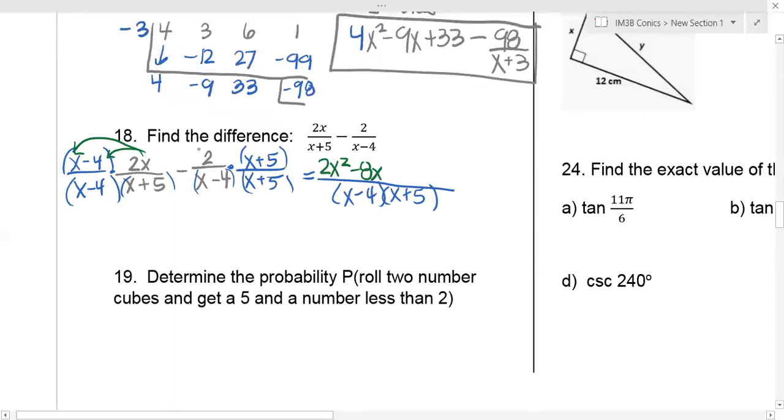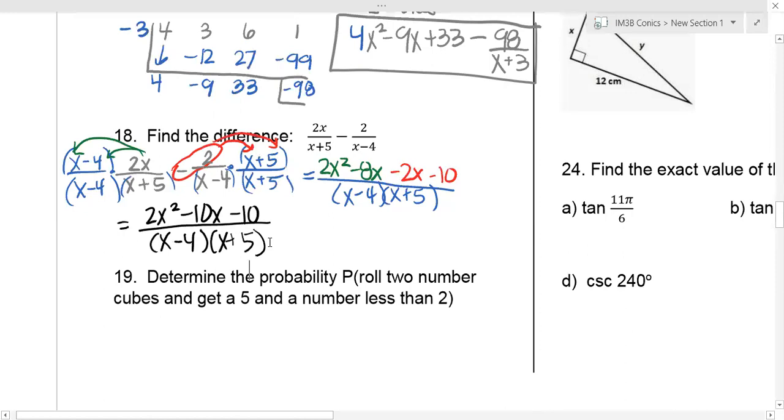Next, I have this minus 2, so I'm going to use the negative. So negative 2 times x is minus 2x, and negative 2 times 5 gives us negative 10. And so what we end up with then is 2x squared minus 10x minus 10 over x minus 4 times x plus 5.